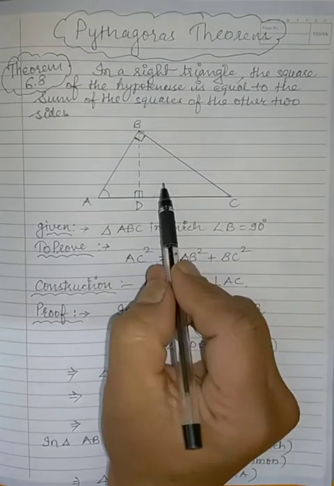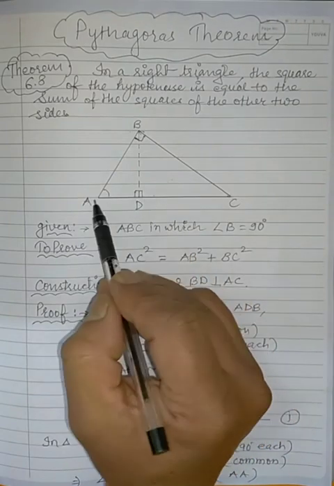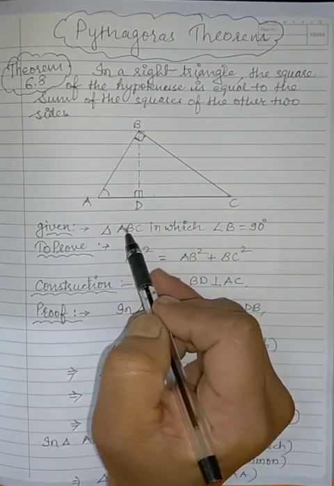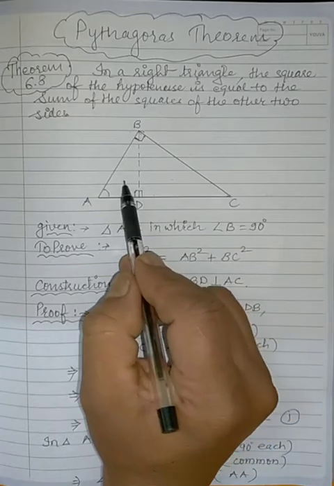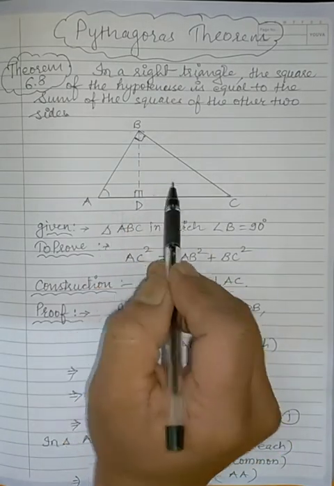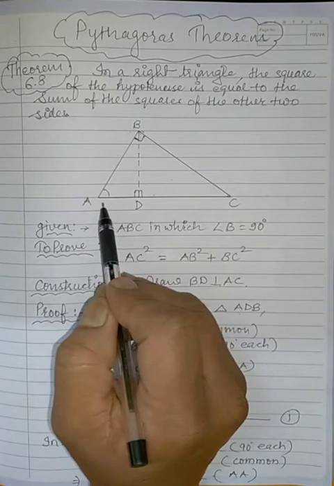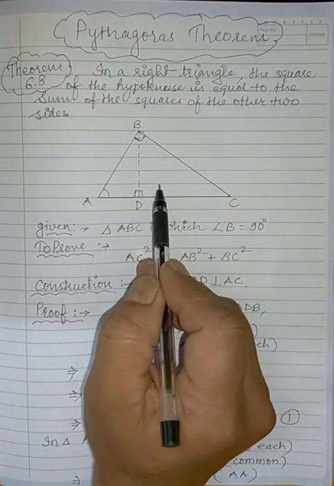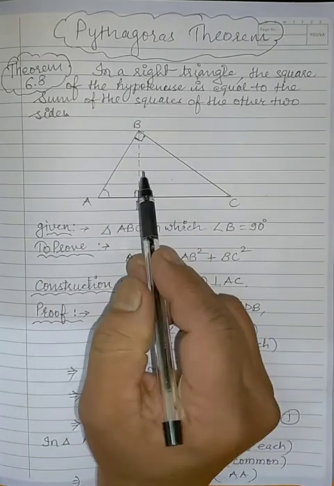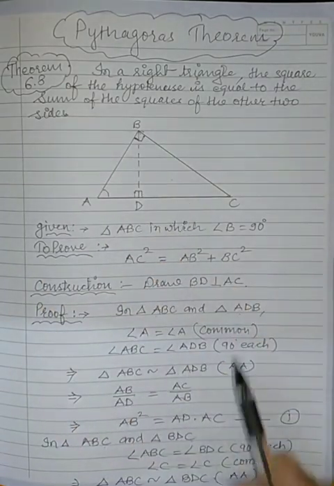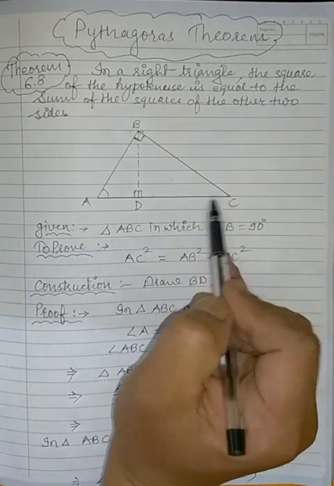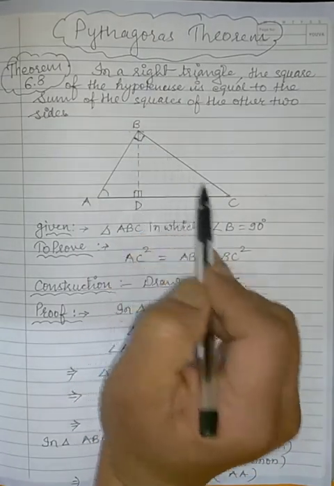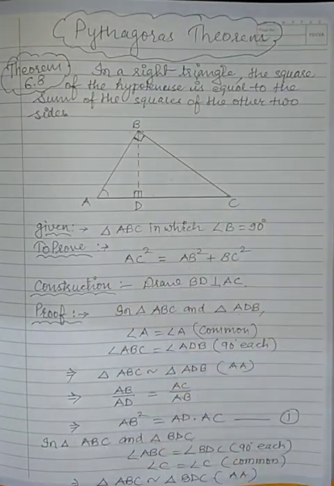Okay, so this way we have proved that this triangle is also similar to the whole triangle. And since this triangle is similar to the whole triangle, this triangle is similar to the whole triangle, therefore both the triangles are similar to each other, which is the proof of theorem 6.7. But that is not required here. We have to only prove this triangle similar to the whole triangle, this triangle similar to the whole triangle. So from this relation, we will take out the relation of the corresponding sides.